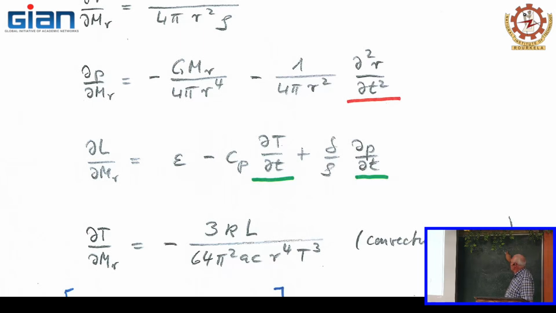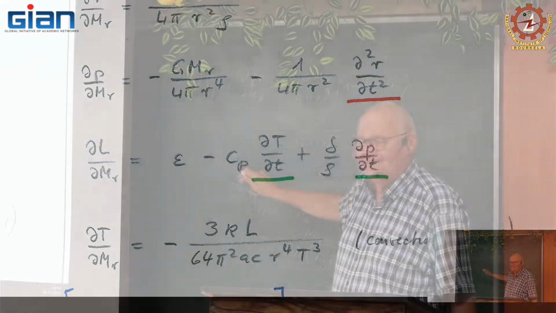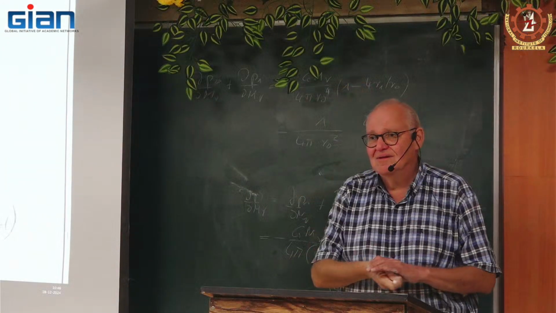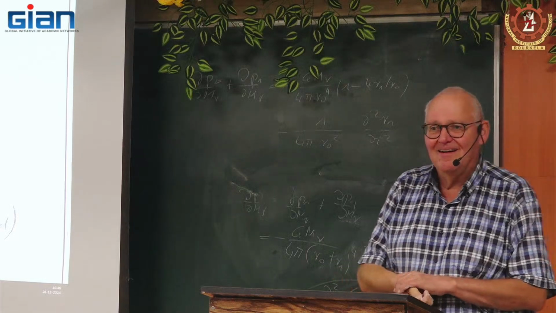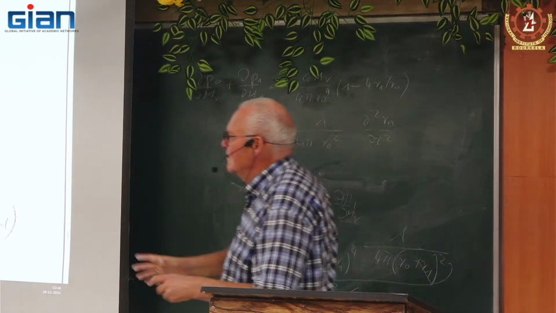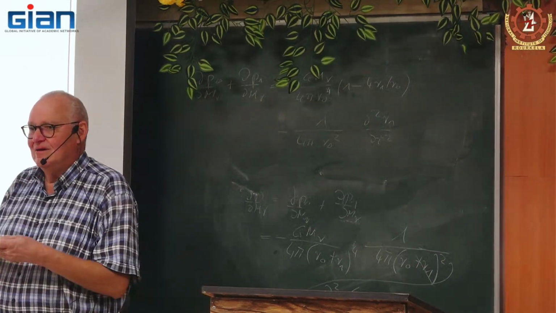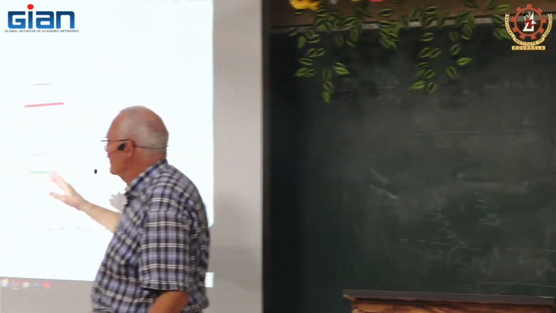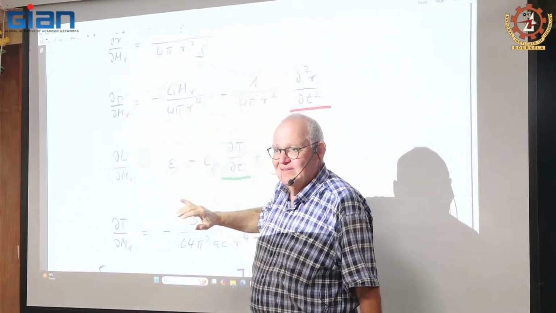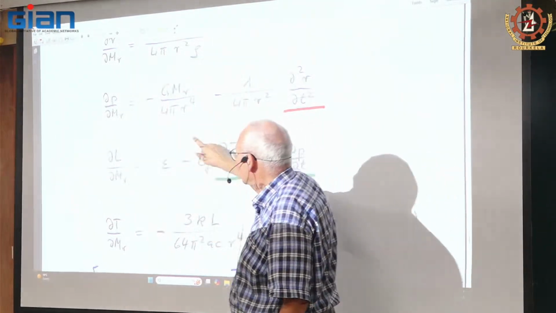Well, these two terms, what do they do? This one and this one, the first contributing to the 1 here, they have to cancel because for the quantities with index 0, they have to satisfy hydrostatic equilibrium.